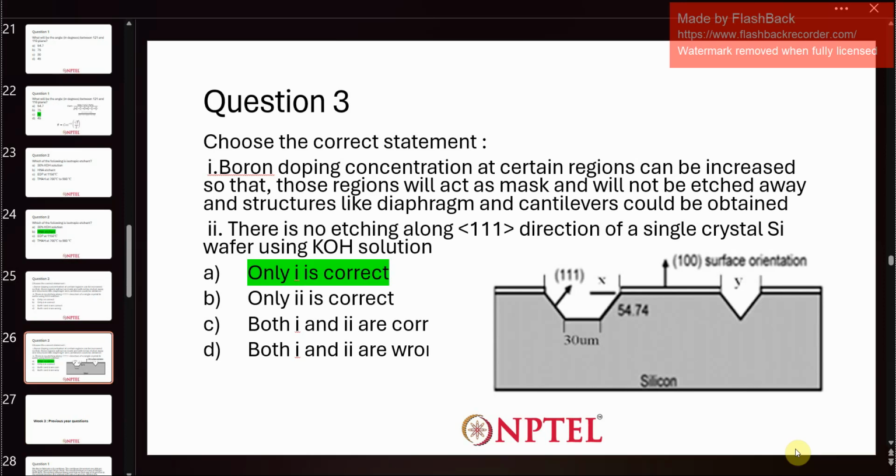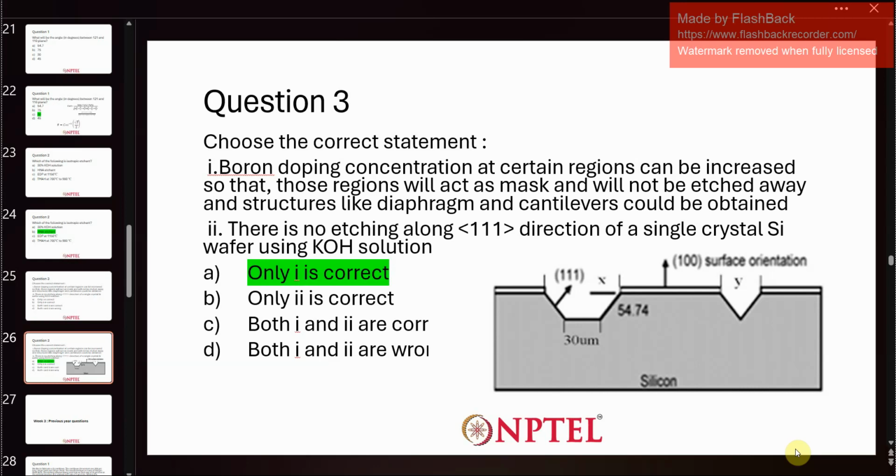As you can see in this structure, there is etching happening where the KOH is being etched. In terms of the 100 plane, the etching is quite slower compared to the 111 plane, but the etching will occur.